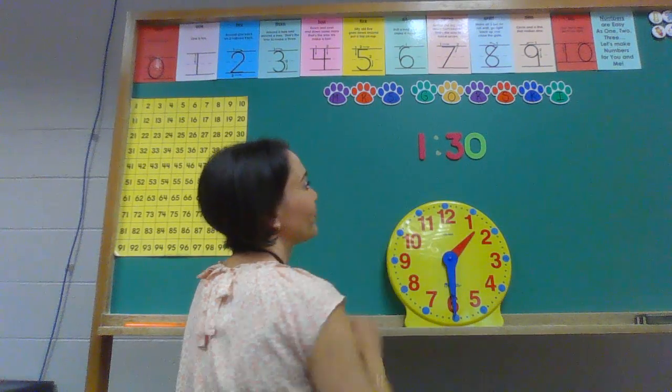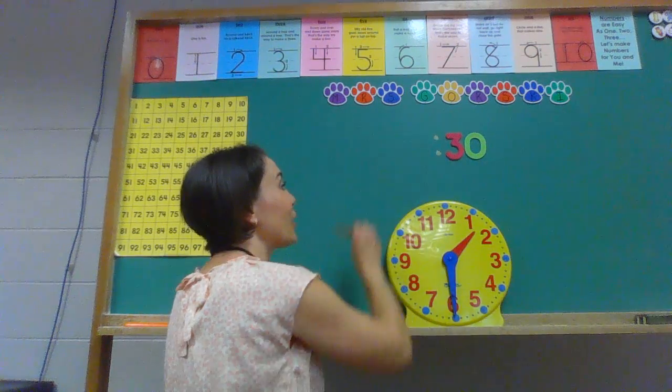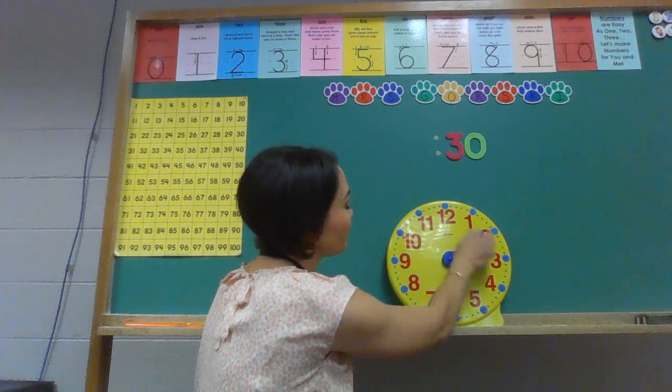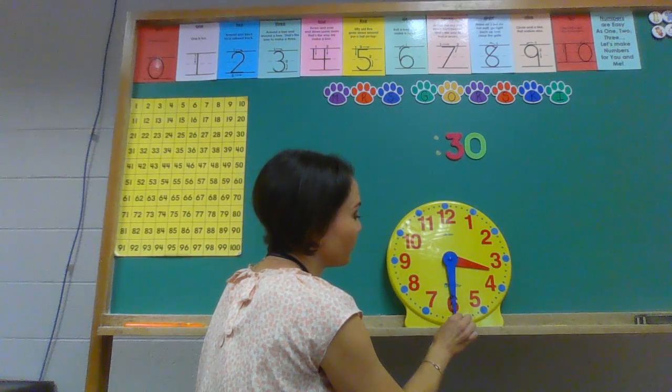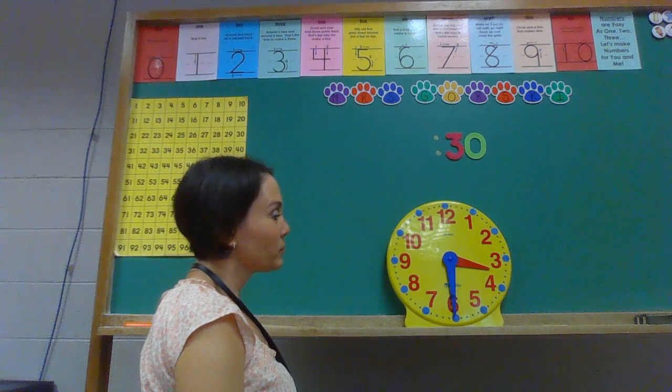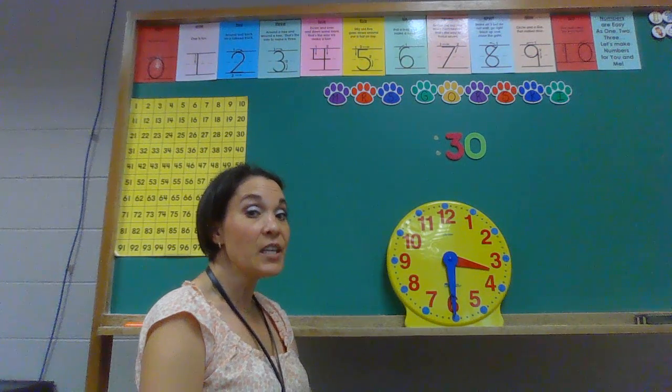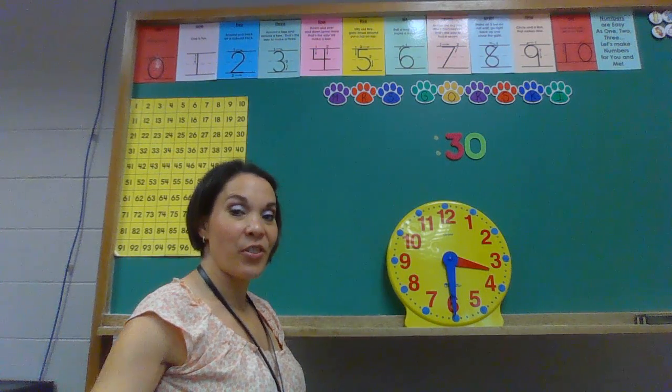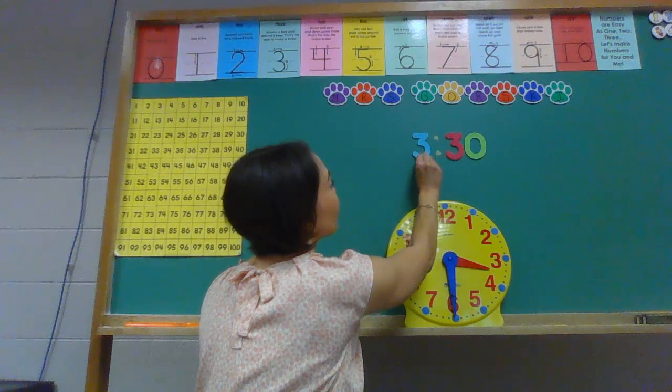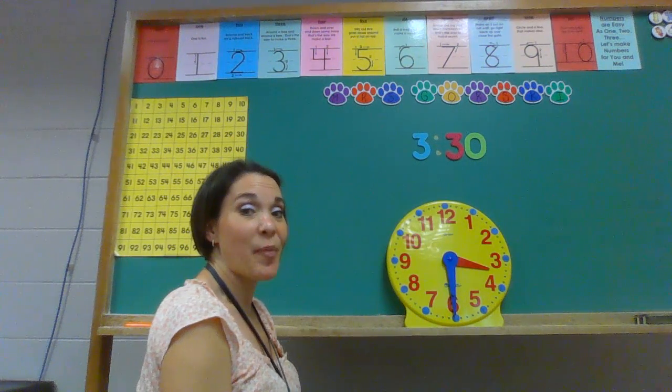If you said 1:30, you're right. It is 1:30 or half past 1. Here's another one. What would you say this would be? If you're thinking 3:30, you're absolutely right. 3:30.